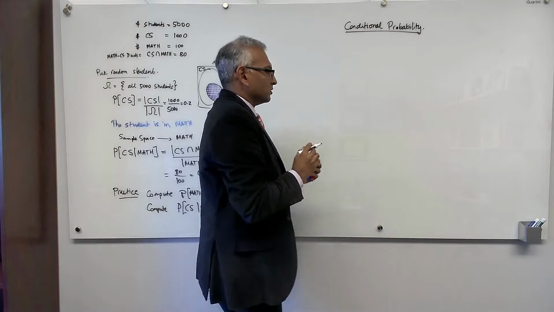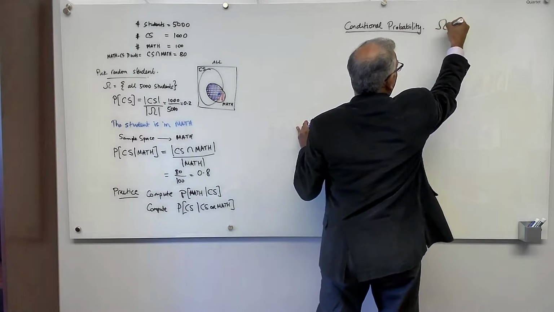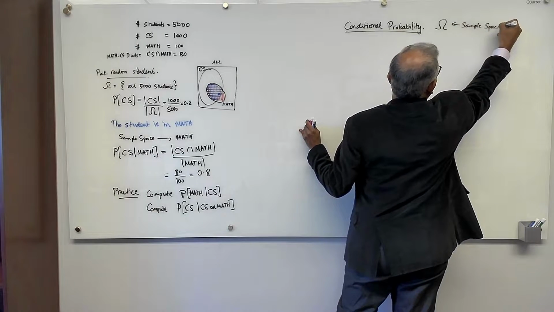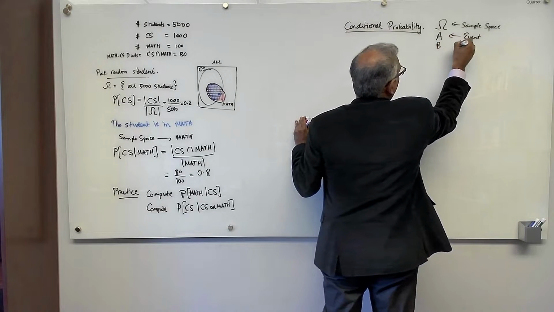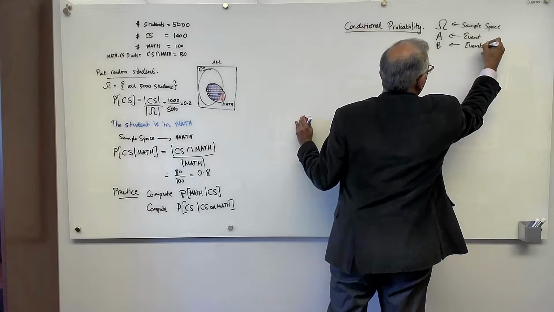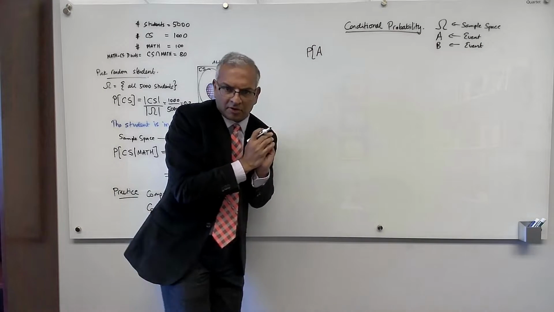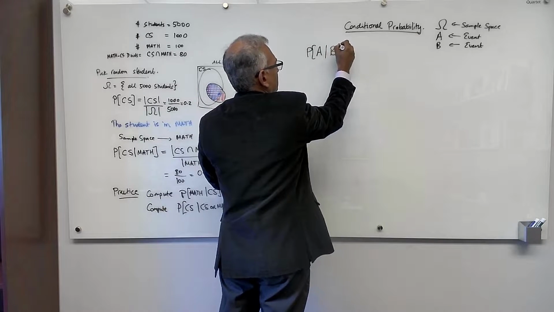The way we write this is, you have a sample space omega, and you have two events, A and B. We write the probability of the event A occurring given that B has occurred.